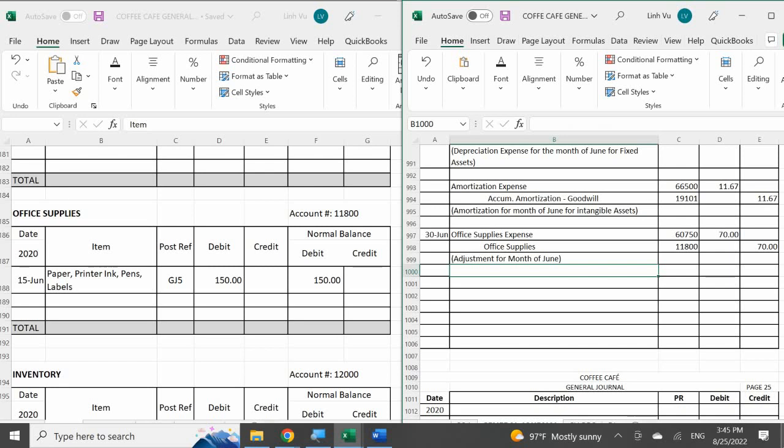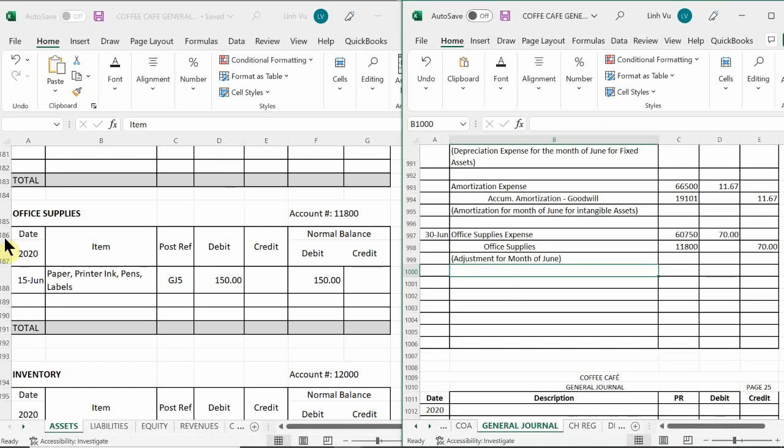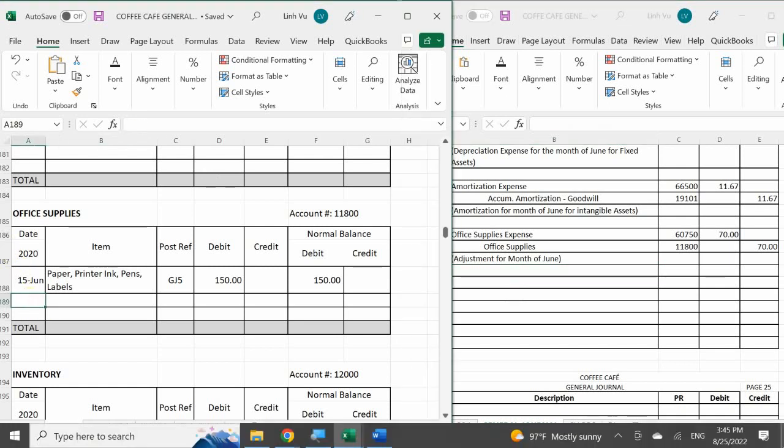Since I'm already in my ledger for my office supplies, let's go ahead and take it out. So there you go. We're going to credit $70. Therefore, how much office supplies should I have left on hand? 80.